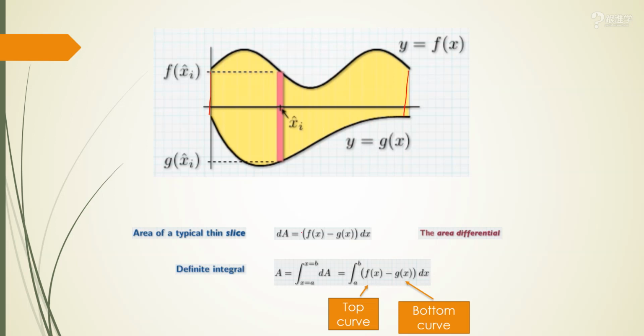Firstly, you determine the area differential for an arbitrary vertical slice, and then you further integrate the area differential over the interval x equals a to x equals b. Then you arrive at the exact area of the yellow region by some simple calculation.